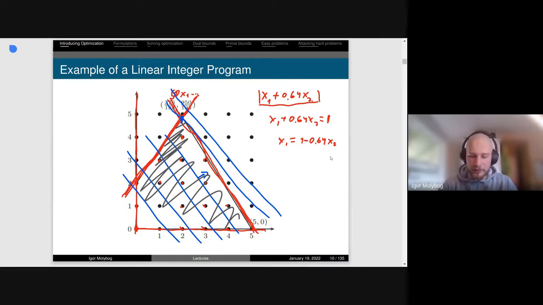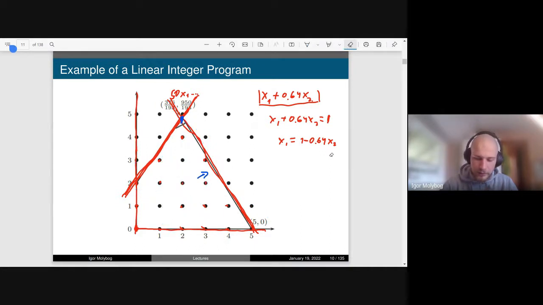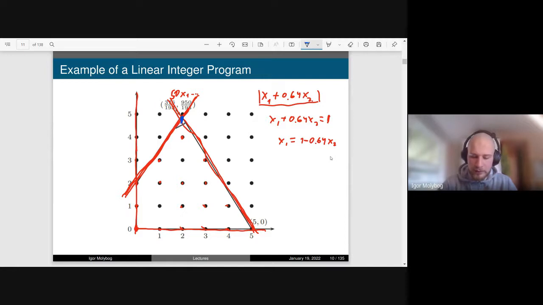What if we do not drop the integrality constraint? Well, let me see what happens then. If we do not drop the integrality constraint, we need to push the blue line as far as possible to the right, so that it does pass through one of the black dots inside of this figure.